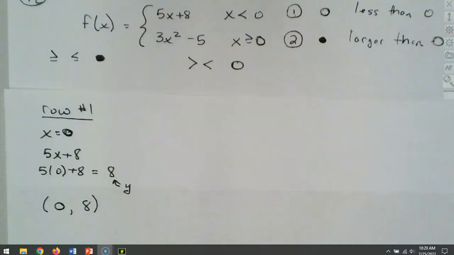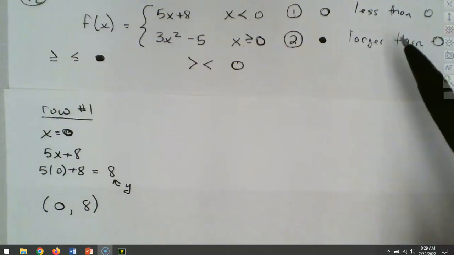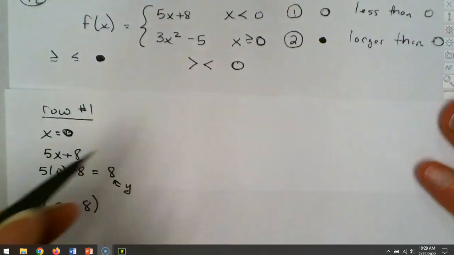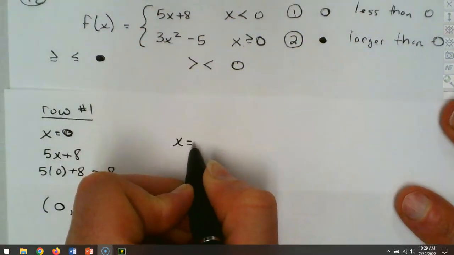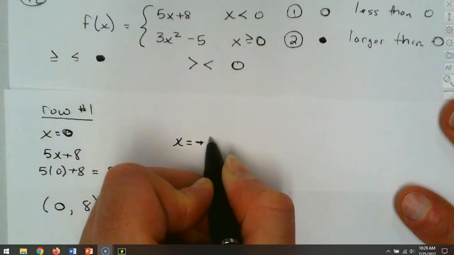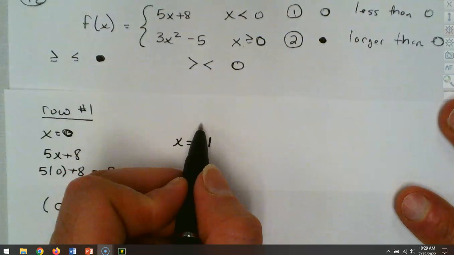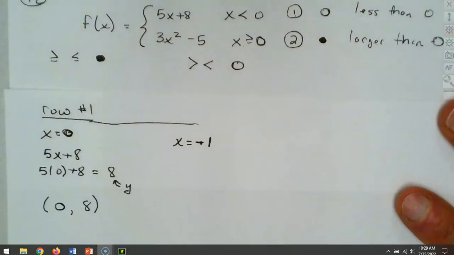So we plugged in 0. Now, what else do we need? It says we need numbers that are less than 0, smaller than 0. So we need another number, any number that's smaller than 0. And a nice, easy number to pick, you make them as convenient as possible, would be -1. So we're going to plug in a -1 into row number 1. Because these are all going into row number 1.